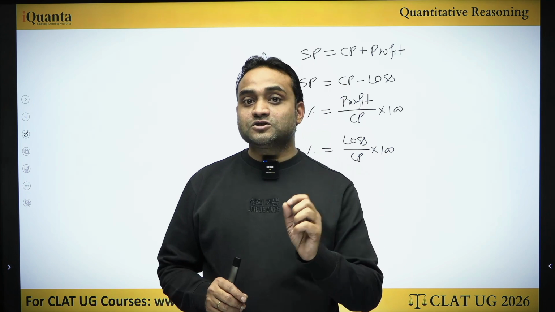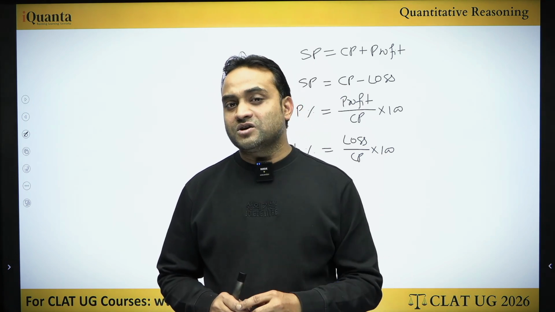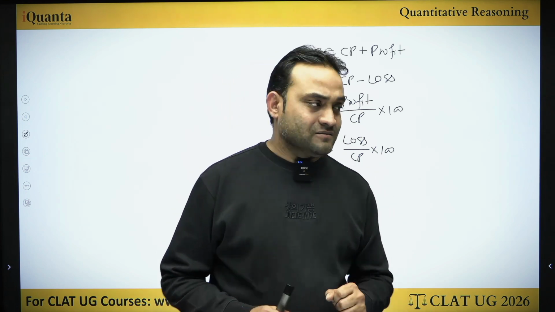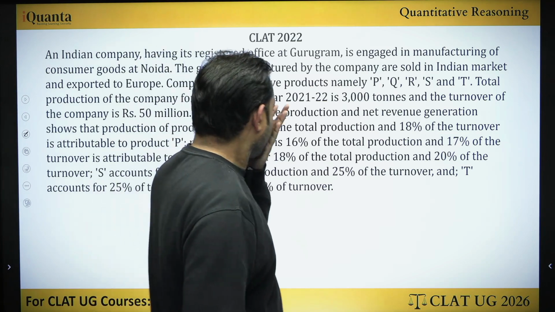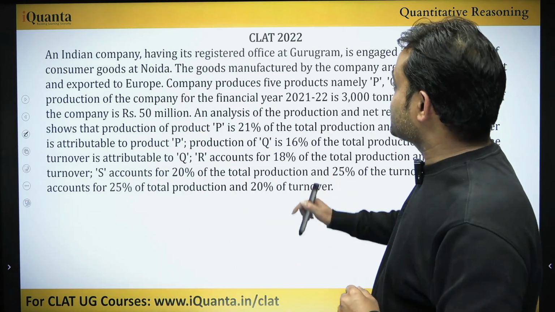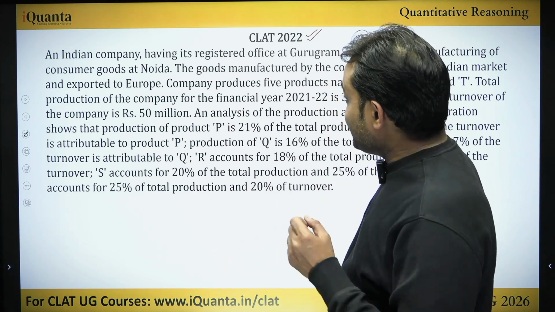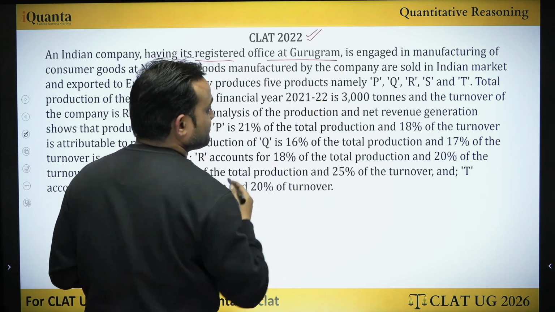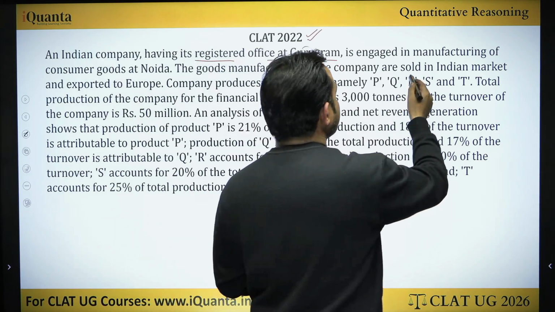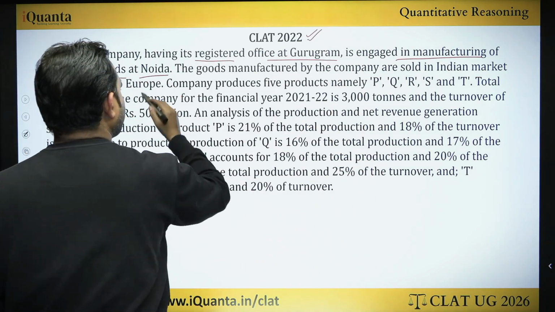Now on the basis of that, I will tell you how to solve one of the previous year questions that has come in CLAT. Such as this question. This question is from CLAT 2022. An Indian company having its registered office at Gurugram is engaged in manufacturing of consumer goods at Noida.